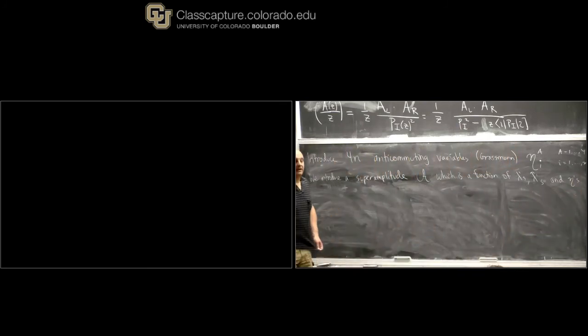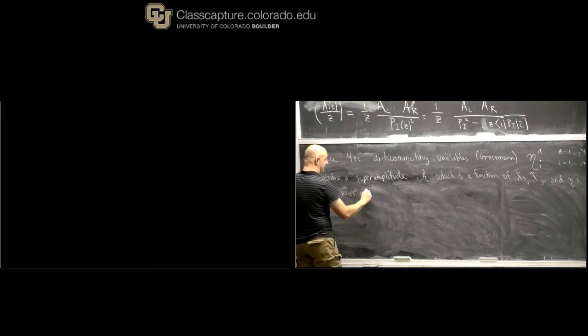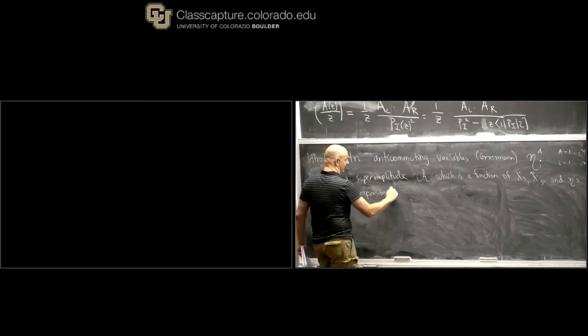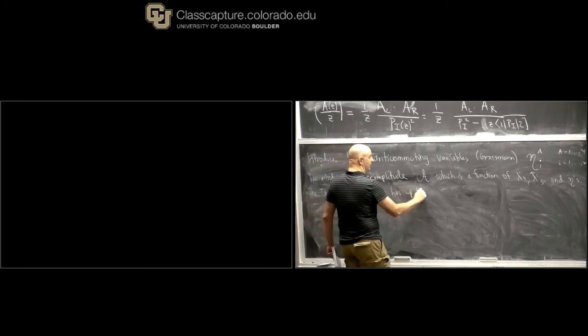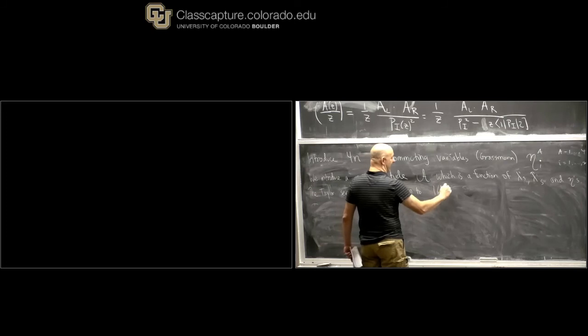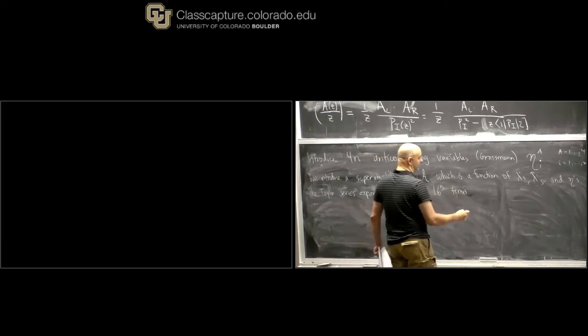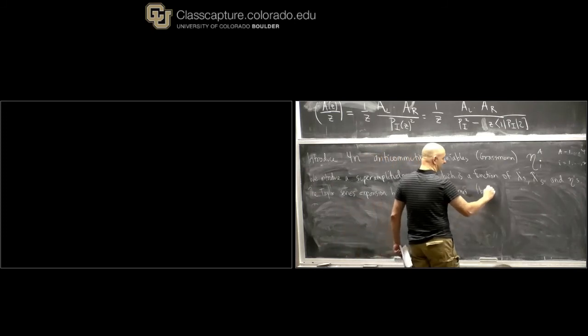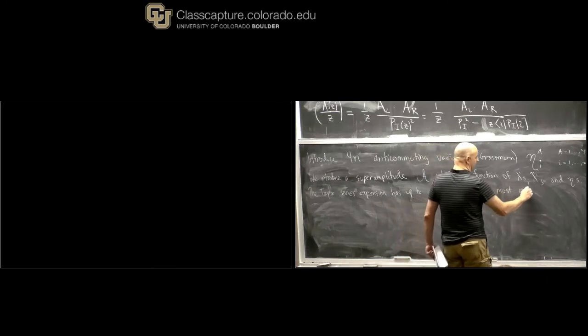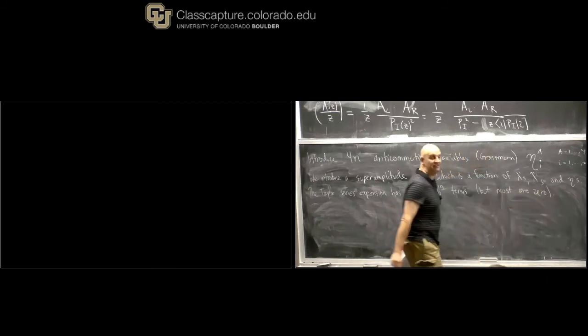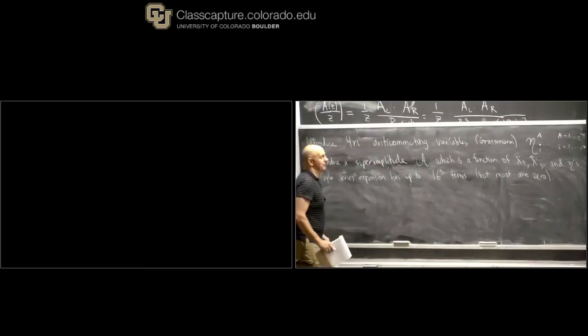Now, any function of Grassmann variables has a finite Taylor series expansion. So let's look at that Taylor series expansion. It has up to 16 to the n terms, but by far most of them are 0. Let me just indicate how it works.